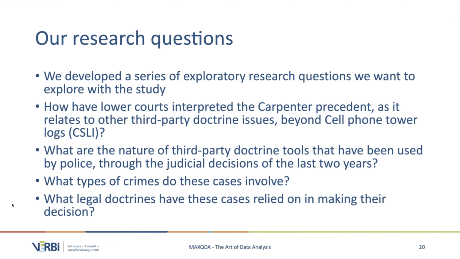We wanted to know what the nature of third-party doctrine surveillance tools are that have been used by police by doing this deep dive through these 231 cases. We wanted to determine what types of crimes these cases involve. We wanted to look at legal doctrines. So these all became the basis of a pretty complex research project. Again, the project's described a little bit more clearly in chapter 4 of the book.